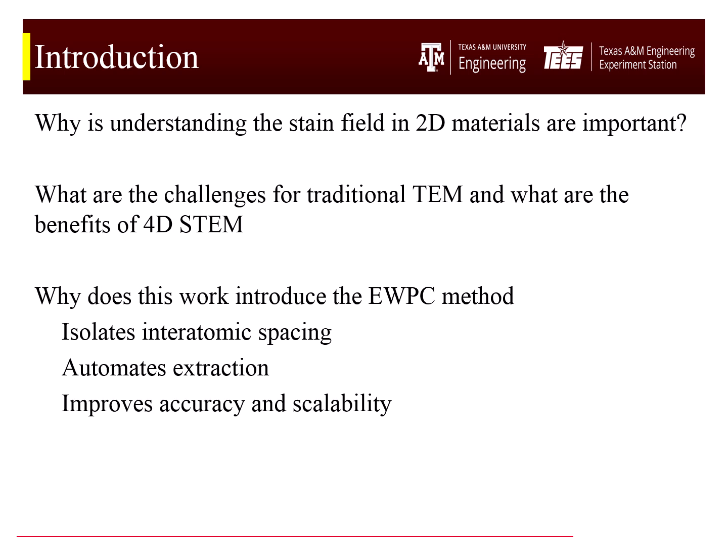This leads us to a more powerful method, four-dimensional scanning transmission electron microscopy, or 4D-STEM. 4D-STEM works by scanning a focused electron probe across the specimen, recording a diffraction pattern at each pixel. This produces an incredibly rich dataset, allowing us to extract information about local crystallography, strain, and rotation across a wide area without sacrificing spatial resolution.